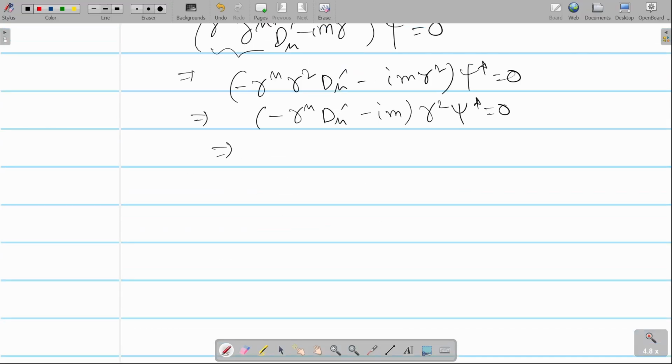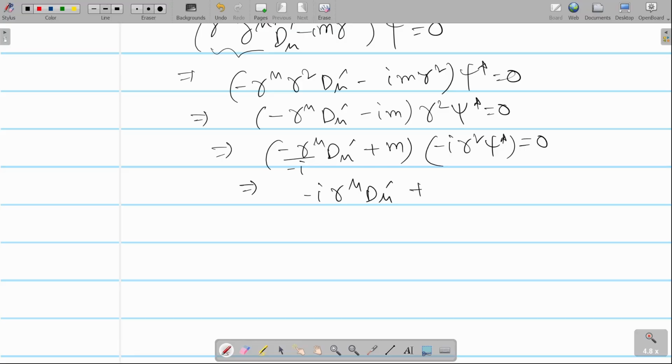Next, we can take minus i common, right? So that's d mu prime and this is i gamma 2 psi star. This thing is 0. So that should be minus i down below, and mu prime m, i gamma 2 psi star equal to 0.